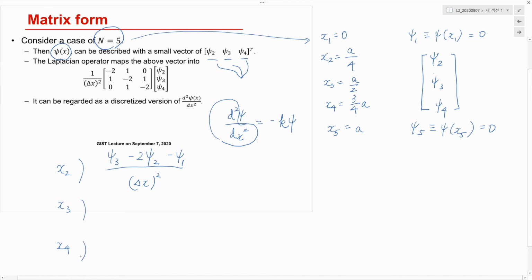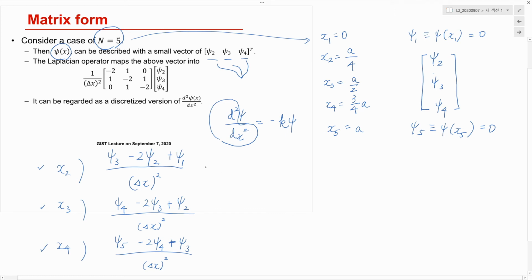Then how about this? In this case, you will have very similar one, but psi 4 minus 2 times psi 3 plus psi 2. And finally, here you have psi 5 minus 2 psi 4, oh, sorry about that, here we have a plus psi 3. Now we have 3 different Laplacian operators evaluated at 3 different positions.